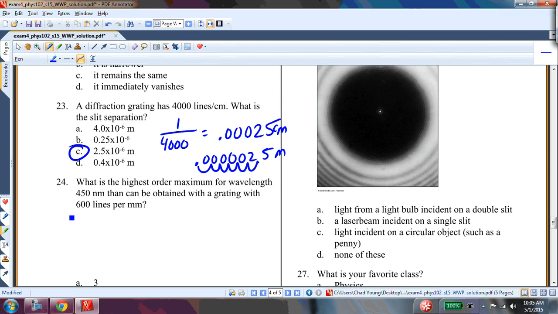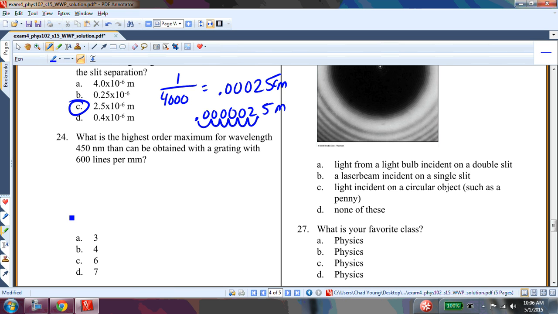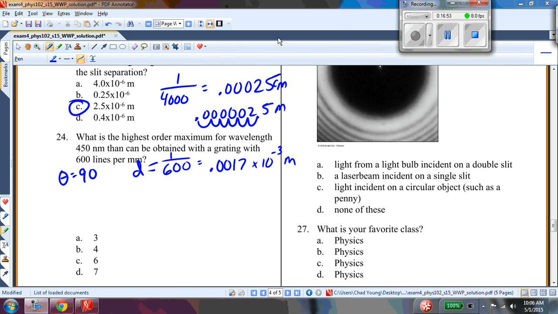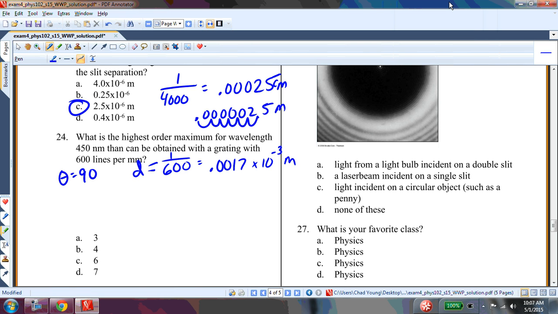What is the highest order maximum for this wavelength that can be obtained with a grating with 600 lines per millimeter? All right, so here I let theta equal 90, and this is a diffraction grating, 600 lines per millimeter. It's 0.0017. That's in millimeters, so I say times 10 to the minus 3 meters. That's my distance. Okay, sorry about that. So d is 0.0017 times 10 to the minus 3, and now I want to know what is m.